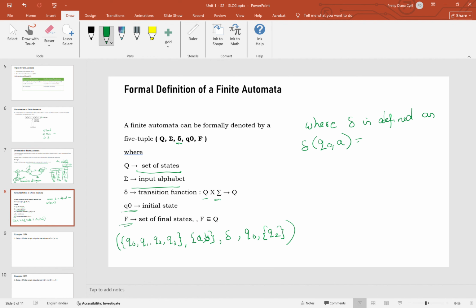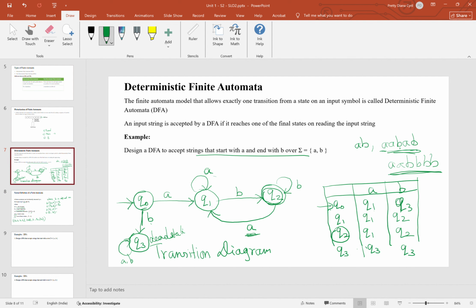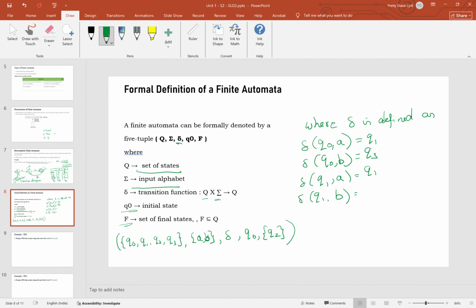So delta of Q naught comma A is Q1 and delta of Q naught comma B is Q3. Then next we have to write delta of Q1 comma A and delta of Q1 comma B. Q1 comma A is Q1, Q1 comma B is Q2.